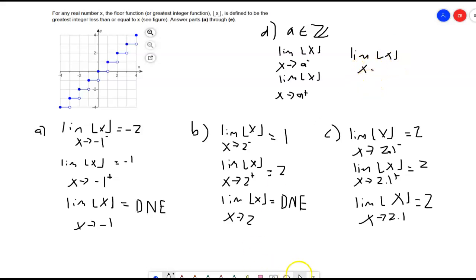I should have probably given myself a little bit more space there. Okay, let's do a little bit over here.